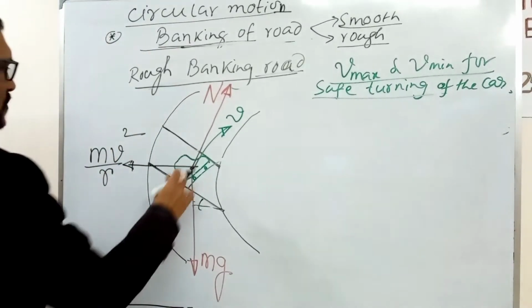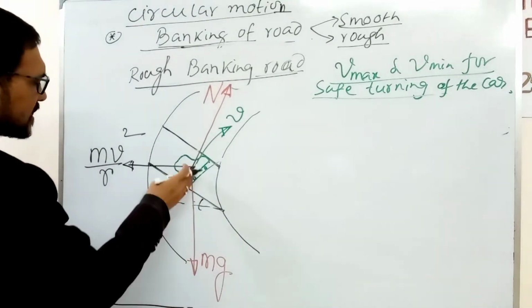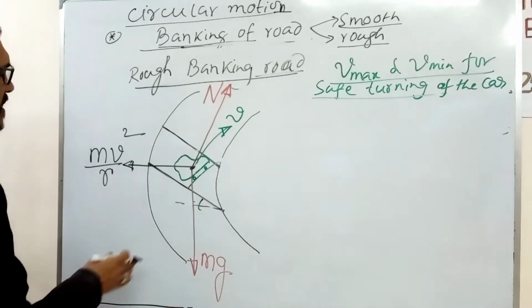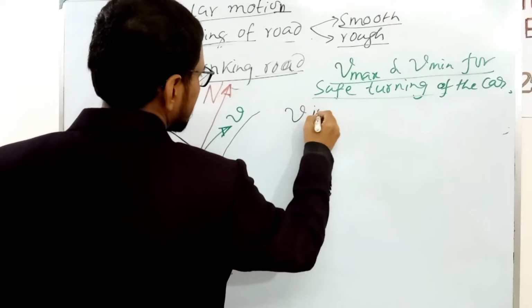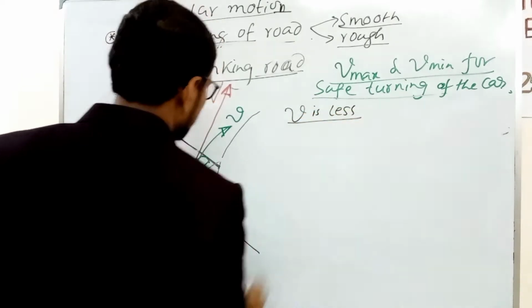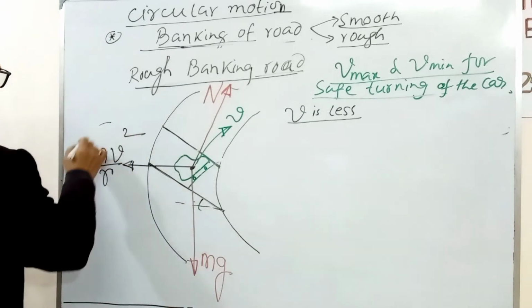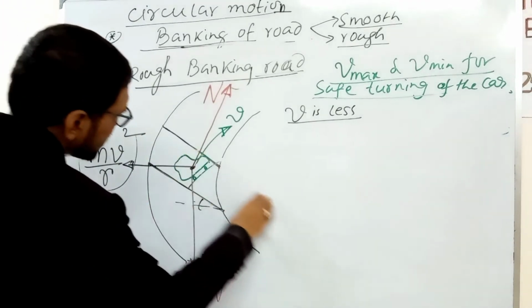Now friction acts in this direction and also this direction. So in which direction friction acts, I will discuss. If the velocity is less, then this force is less, but the weight is maximum. Due to the weight of the car, it tends to slip in this direction.